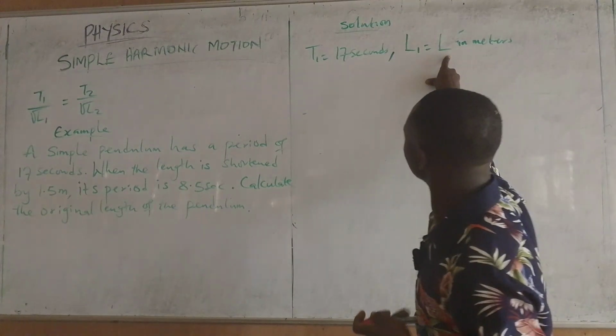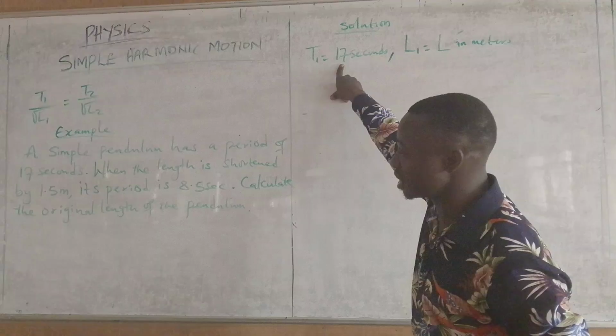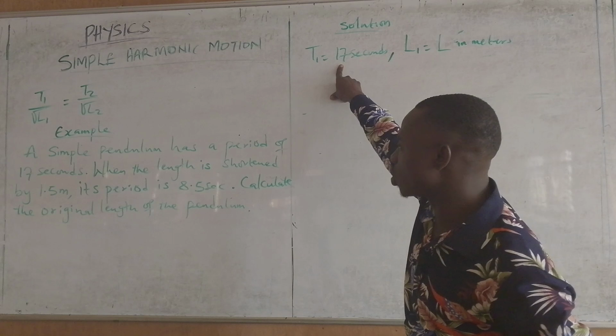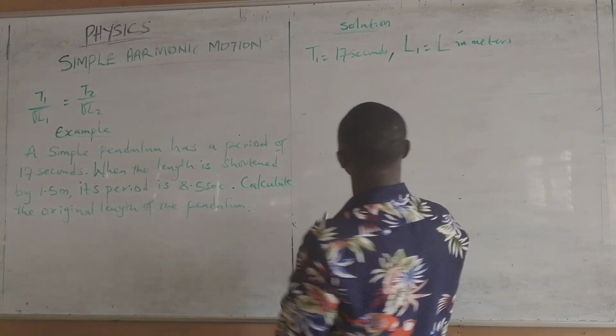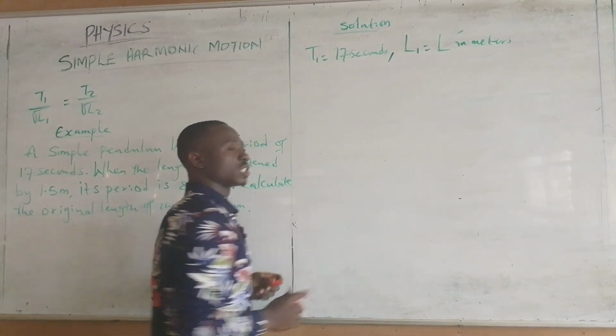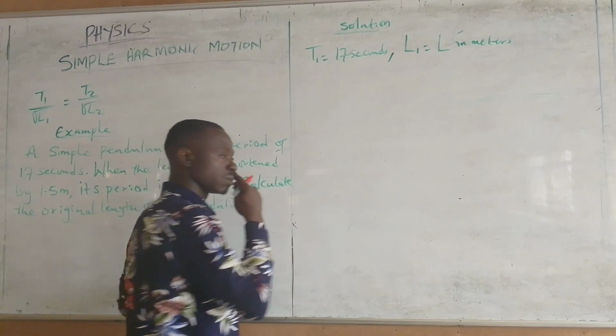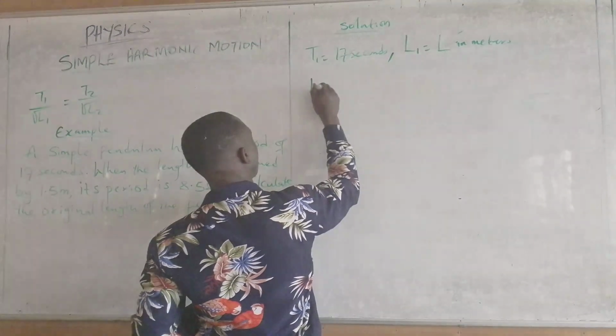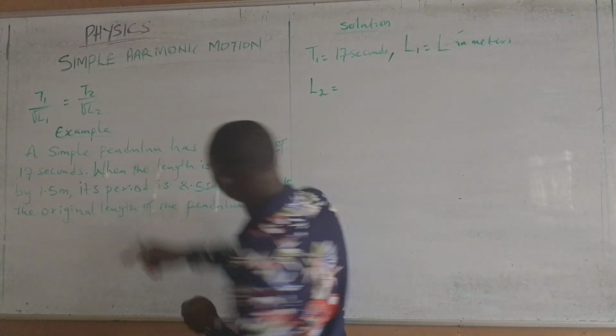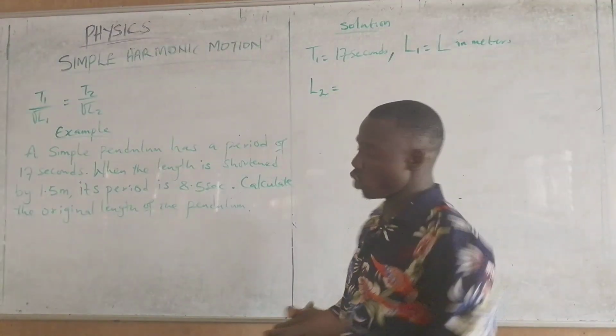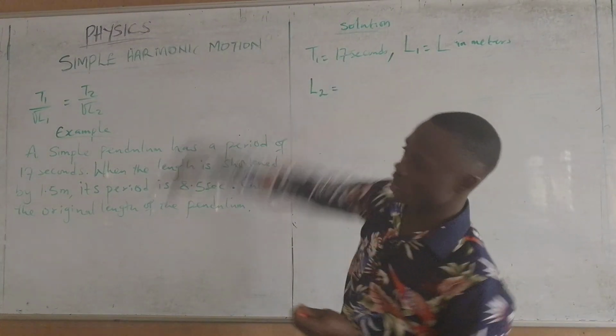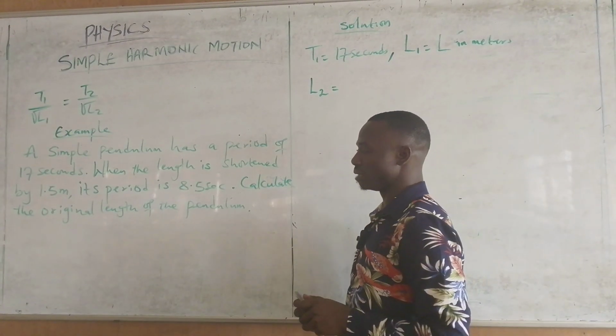This is the length that is not being shortened. So when that length is shortened by 1.5 meter, you must know how to interpret a simple word problem in mathematics.